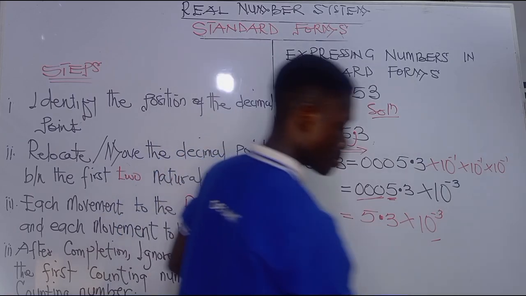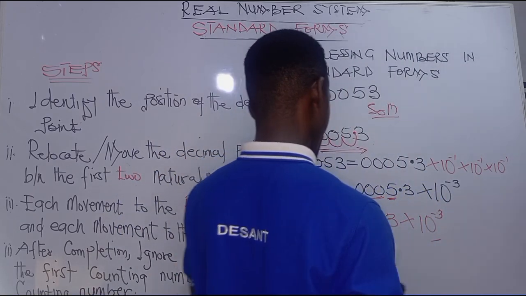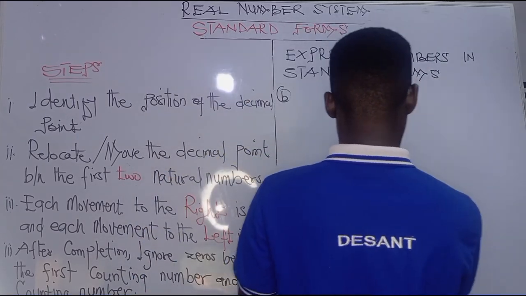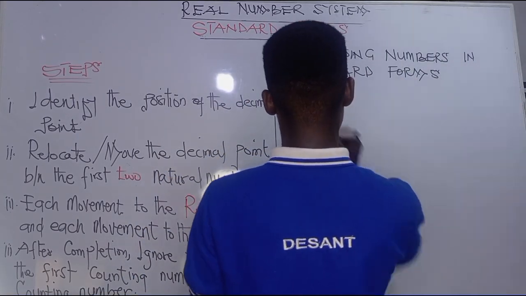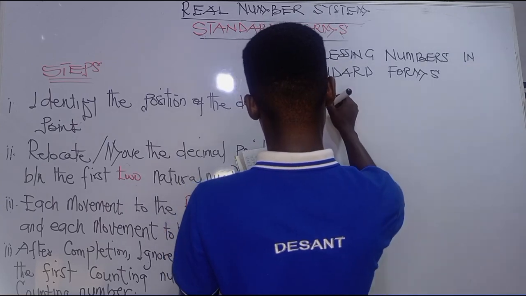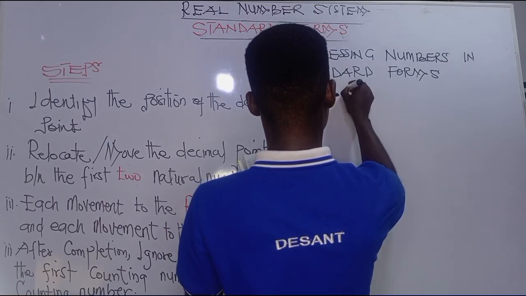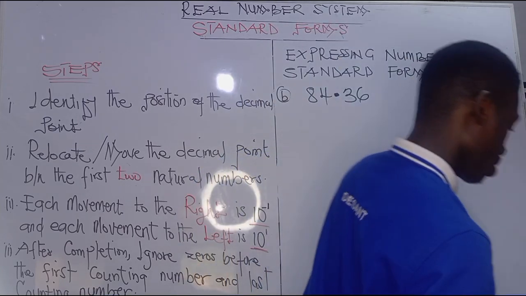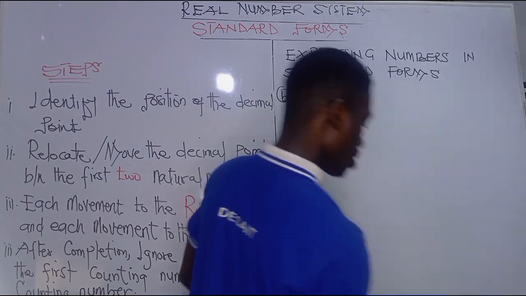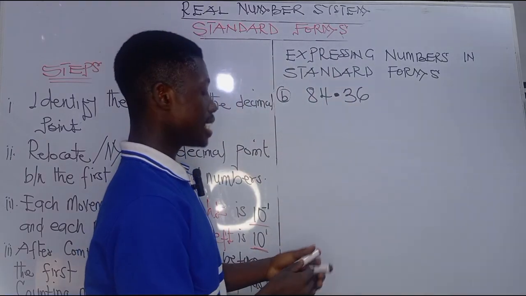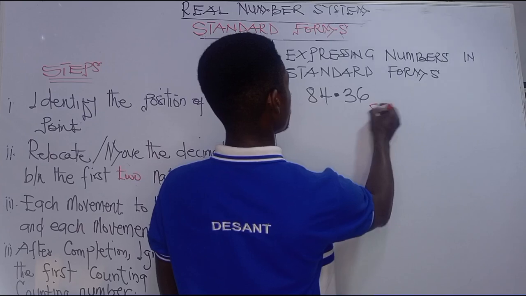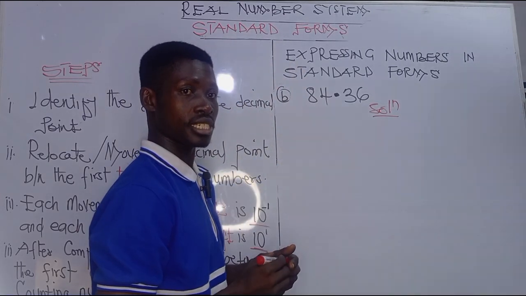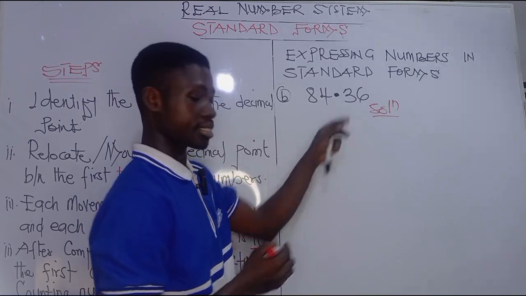Let's take one more example. So we have to express this number in a standard form. So what do we do? We identify the position of the decimal point. So this is that.